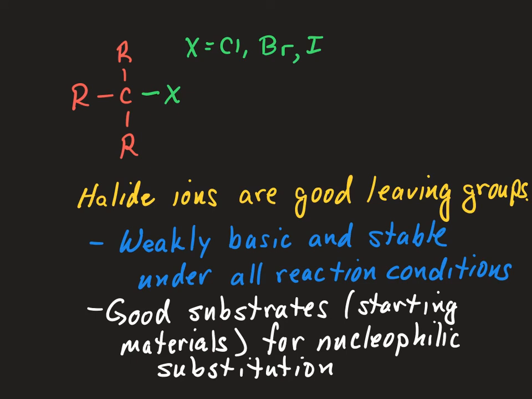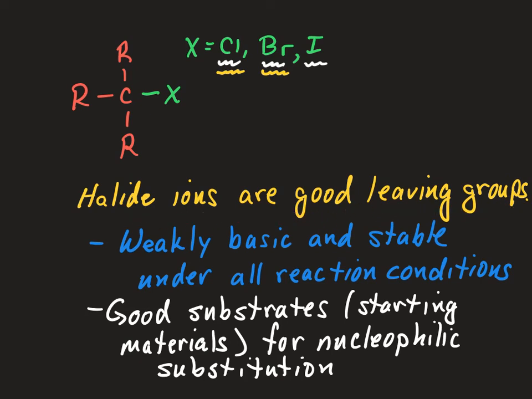One of our most popular groups of leaving groups in nucleophilic substitution reactions are the halide ions, especially the chloride ion, the bromide ion, or the iodide ion. Today in lab, we're going to be using chloride ions and bromide ions as leaving groups. So, halide ions are good leaving groups, right?